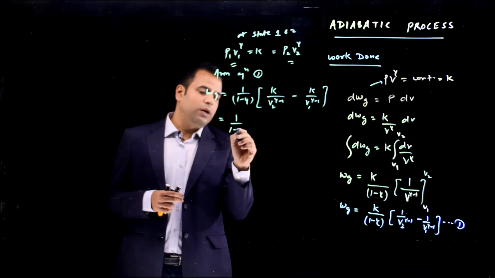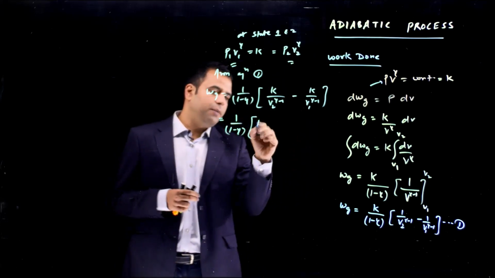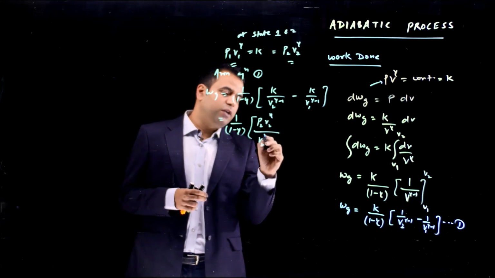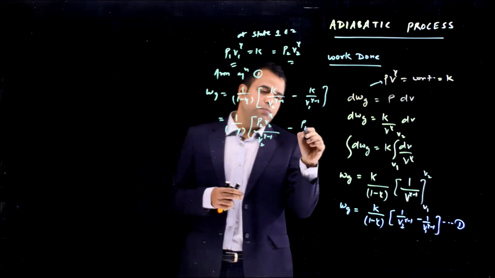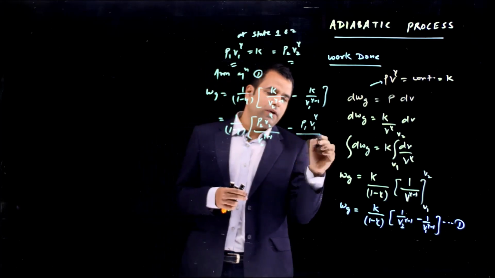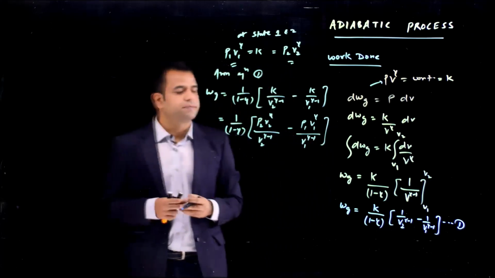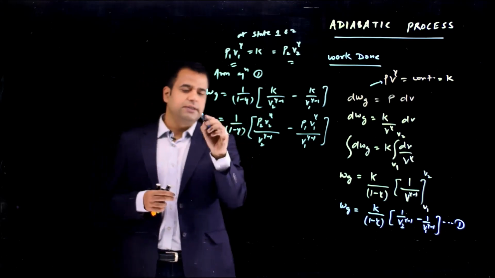So 1 upon 1 minus gamma. Let's replace the value of K from here. It will be P2 V2 to the power gamma divided by V2 to the power gamma minus 1, minus P1 V1 to the power gamma divided by V1 to the power gamma minus 1. Okay. So we have replaced the value of K. This is equal to Wg.